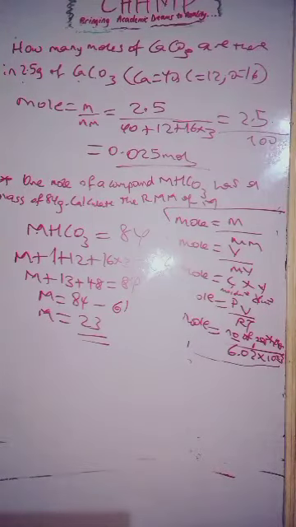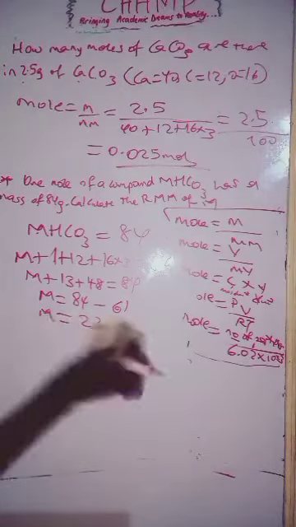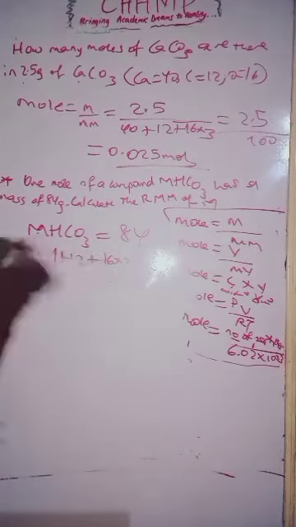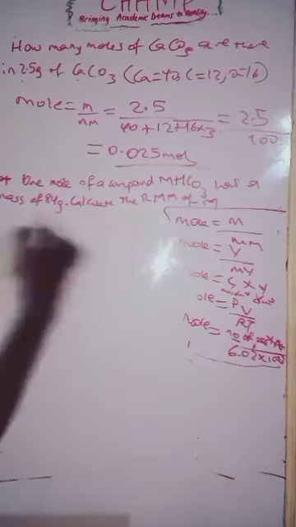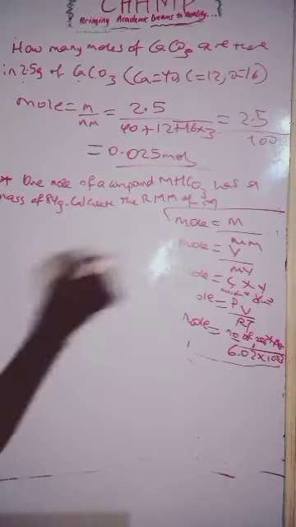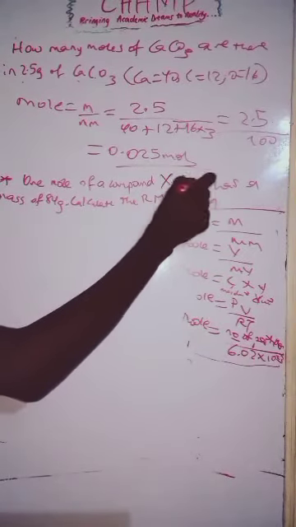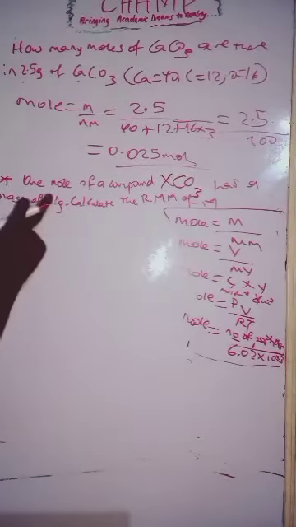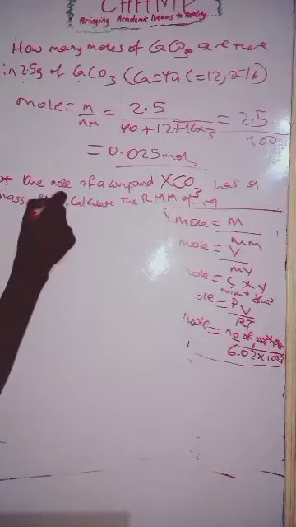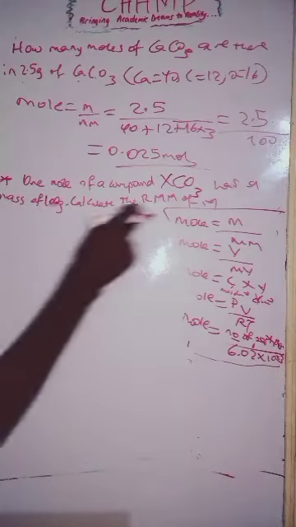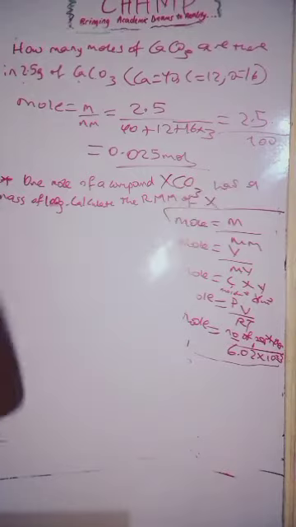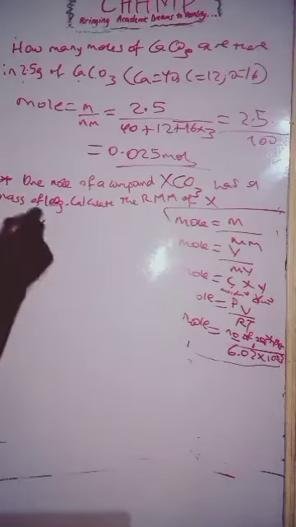What if you are given this one? Just try it out now. They told you that 1 mole of a compound, let's say XCO3, has a mass of 100 grams. They now ask you to calculate the relative molecular mass of X. How are you going to go about it?